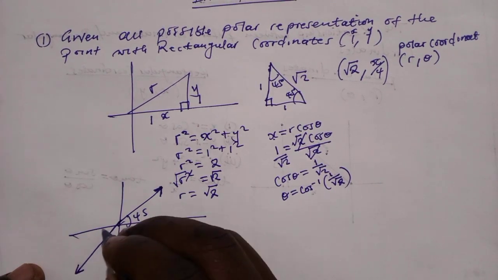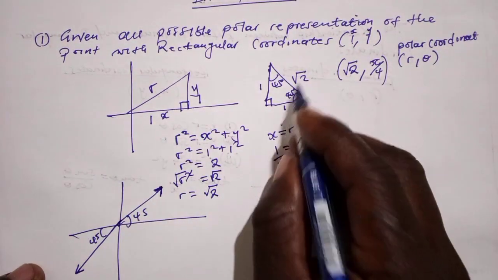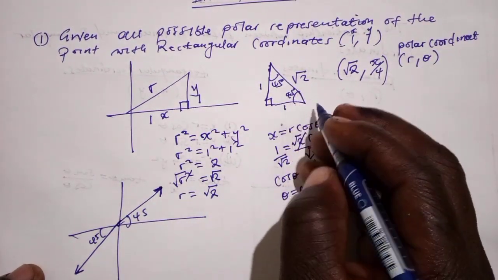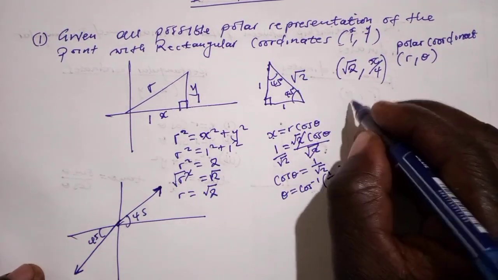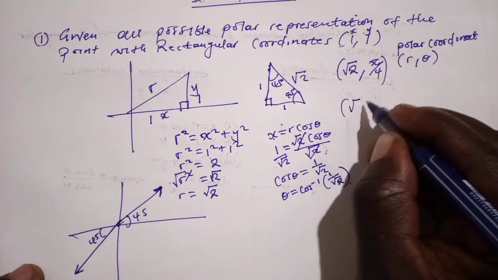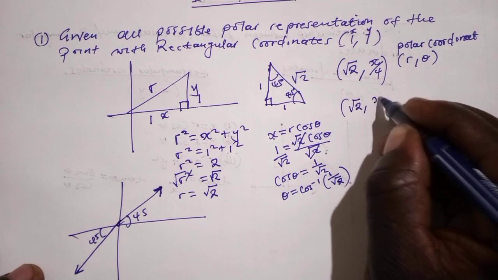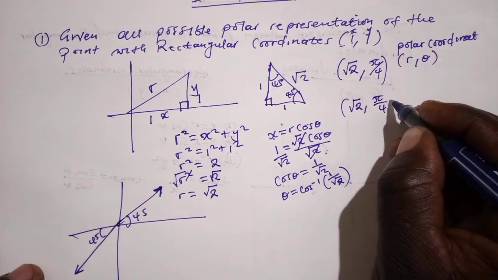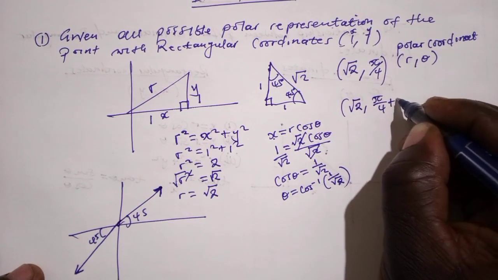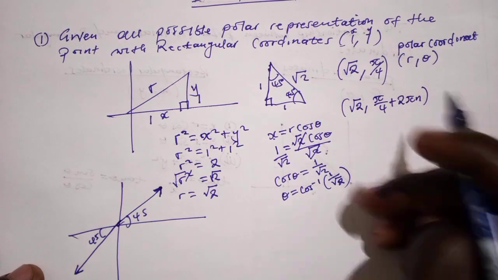So here we have 45 also, and r will change, it will be negative. So we have found that here we have root 2 comma pi over 4. We have to add plus 2 pi n, where n represents all integers.